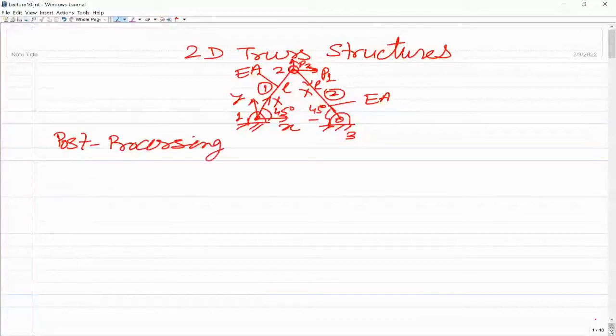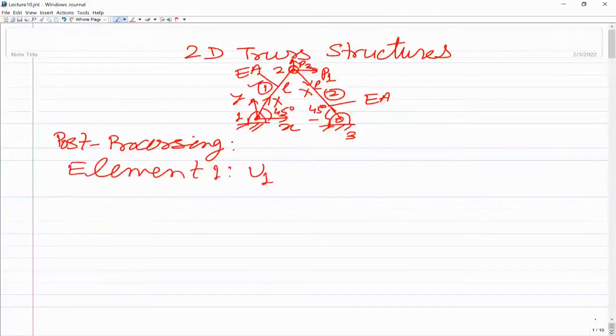Post processing means the calculation of displacement anywhere within the element, and also basically the strain and stresses within the element. Now if we take element 1, this is the element number 1. Element 1 consists of global node numbers 1 and 2.